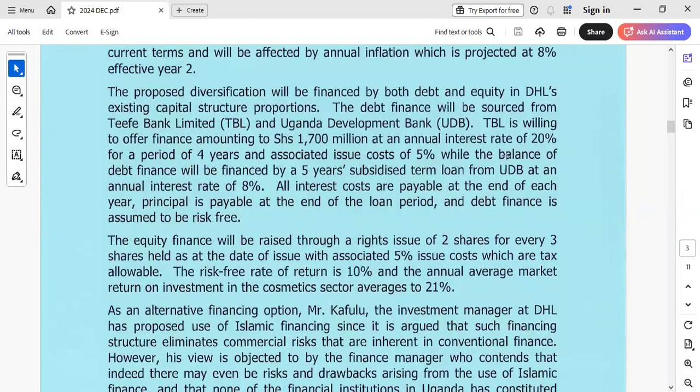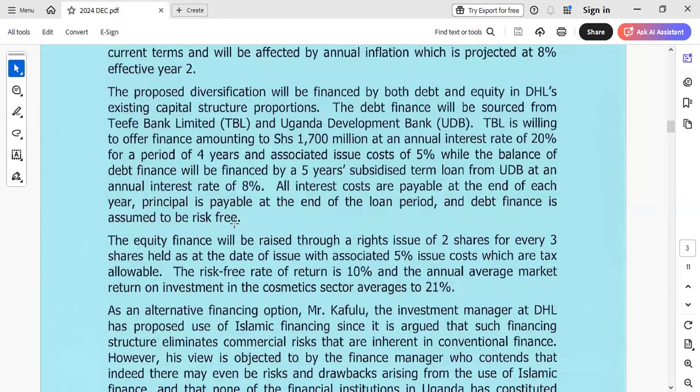Then the balance of debt will be financed by a 5 year subsidized term loan from UDB at an annual interest rate of 8%. All interest costs are payable at the end of each year. Principal is payable at the end of the loan term, and the debt finance is assumed to be risk-free.